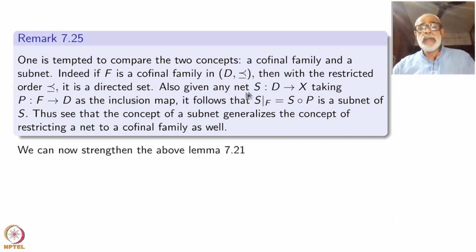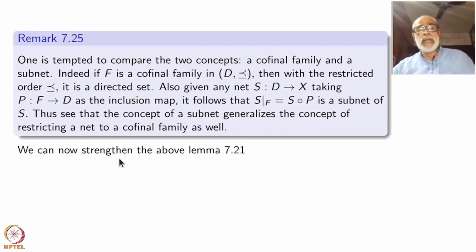Also, given any net S from D to X, taking P as the inclusion map, it follows that S restricted to F, which is S composite P, is a subnet. So that's what I have told you, that cofinal families do give you subnets. Thus, we see that the concept of a subnet generalizes the concept of restricting a net to a cofinal family as well.